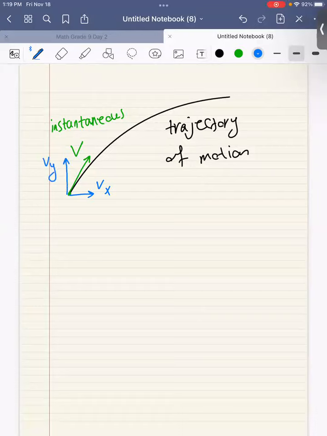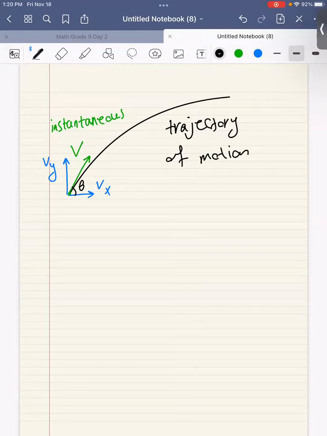And here you also have the angle between V and the positive direction of x, which I call alpha or theta. We usually measure angle with respect to the positive direction of the x-axis.